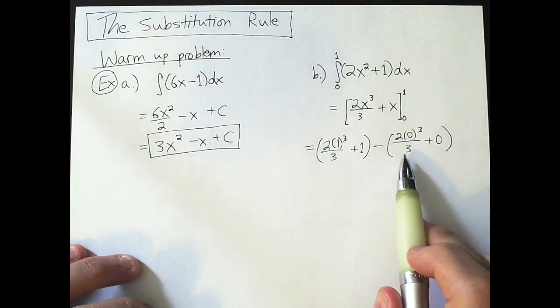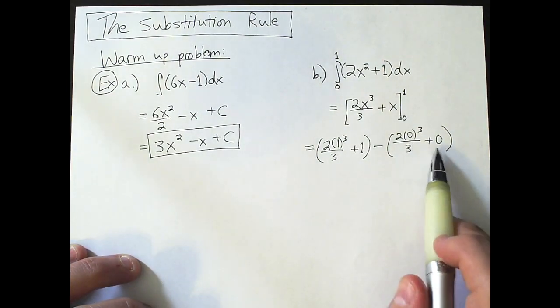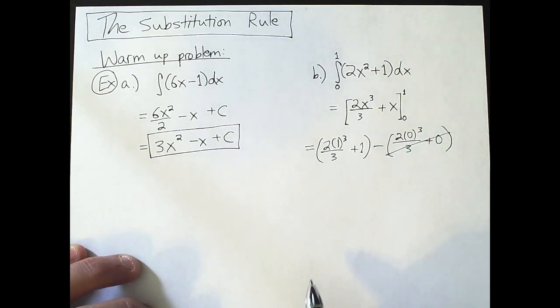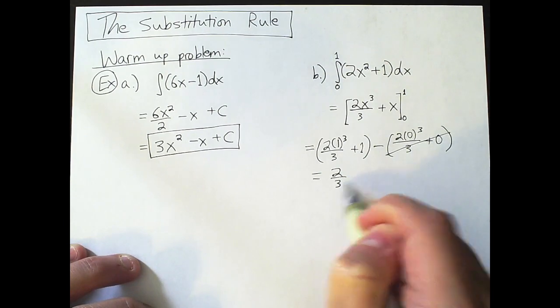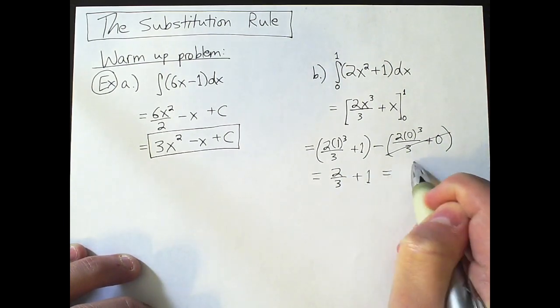Well, I guess 0 cubed is 0, and this whole term is just going to be 0 in this case. So what have we got? We have 2/3 plus 1. Answer is 5/3.